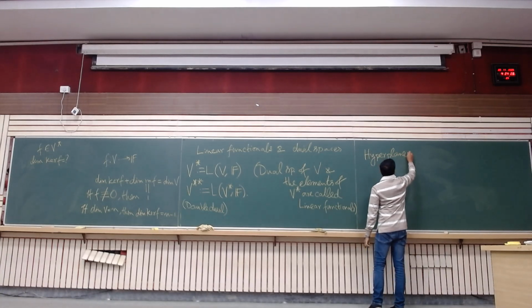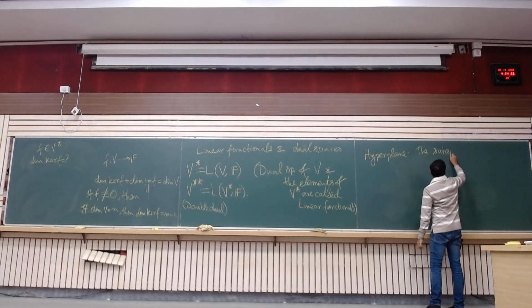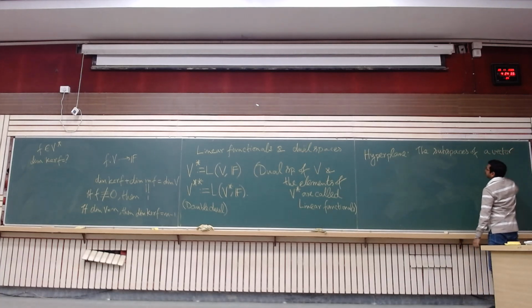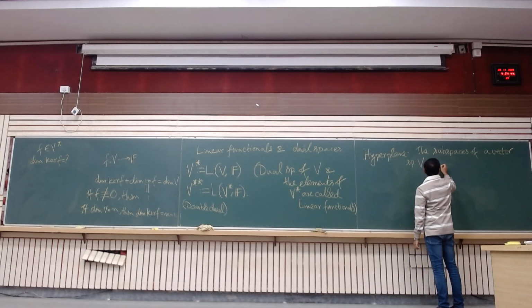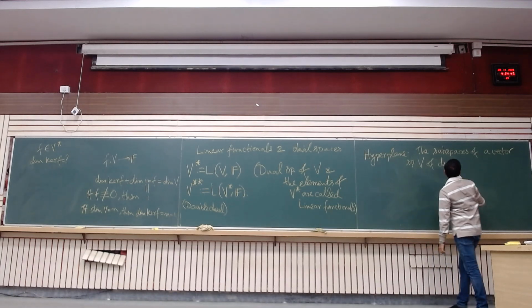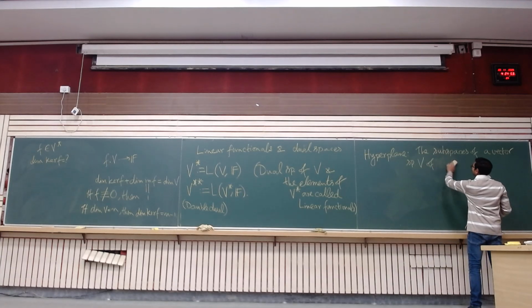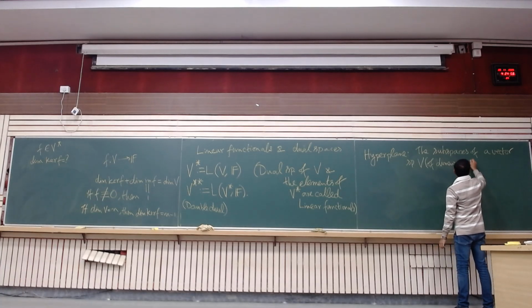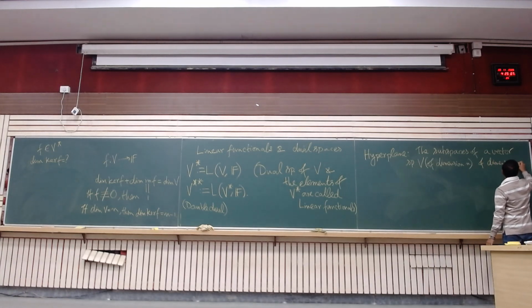Hyperplane. What are they? The subspaces of a vector space V of dimension 1 less than the dimension of V. So, a vector space V, say, of dimension n and the subspaces of dimension n minus 1.